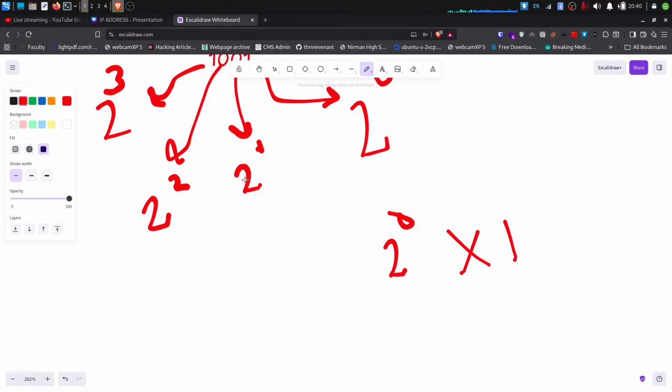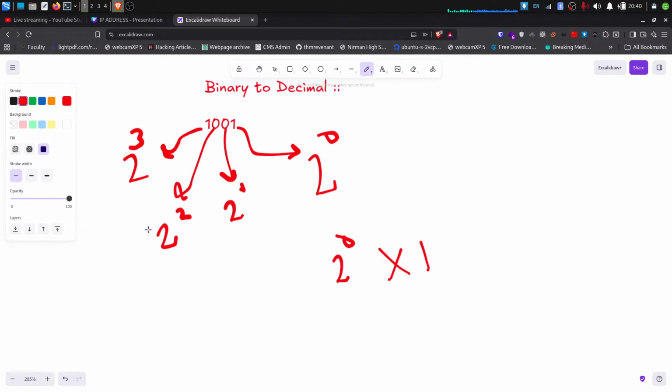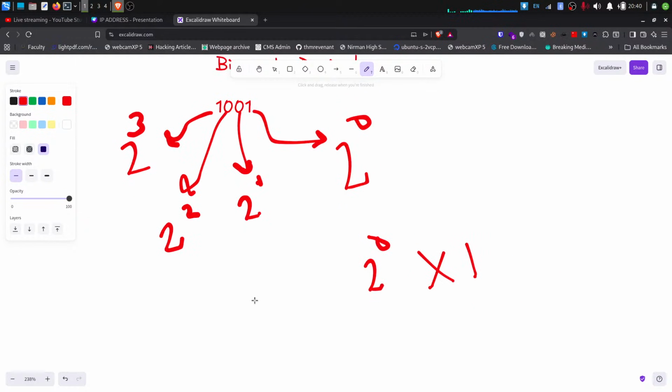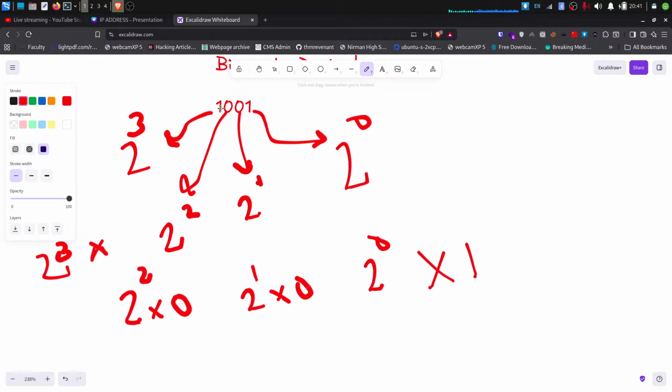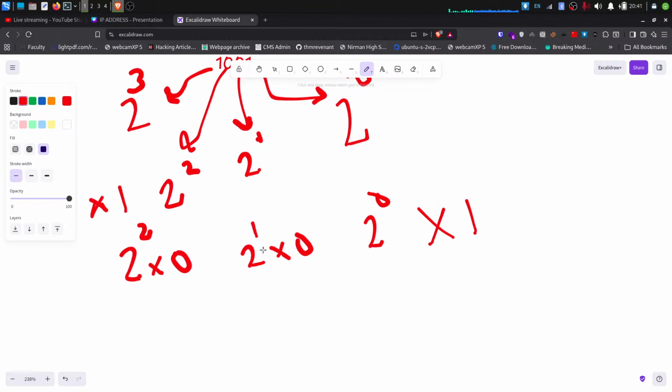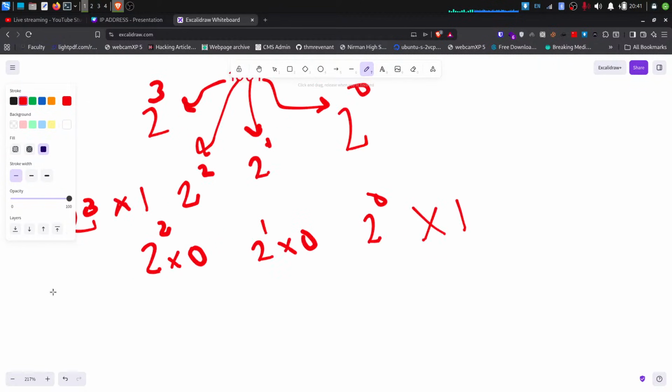Then 2 to the power 1 into 0. Then 2 to the power 2 into 0, and 2 to the power 3 into 1. Now I'll classify it a bit more and we'll understand.